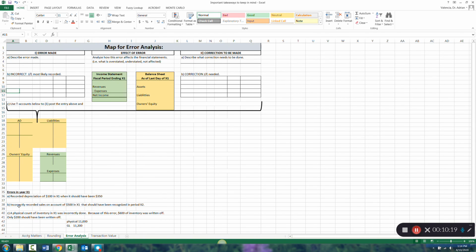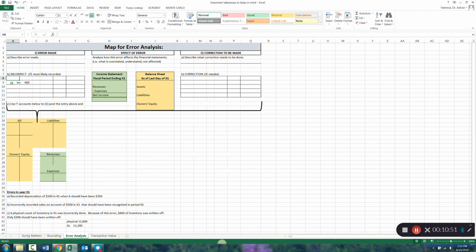Okay, but I'm going to do that anyway right here, because we wrote off $600 when in fact we should have only written off $200. So the error here is the difference, $400. So I could just think of the error as having taken too much out of inventory. I took $400 too much out of inventory.